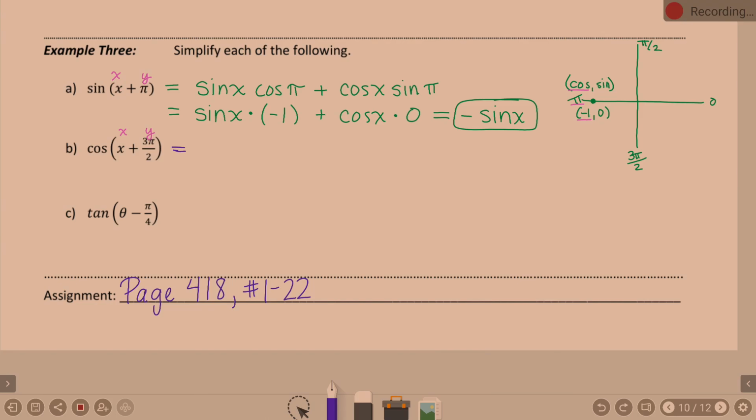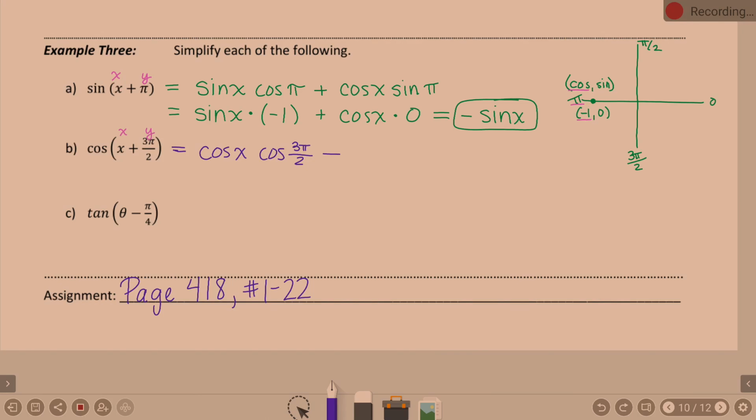We're going to start off with what? Cosine x times cosine of y. So that becomes cosine x times cosine of 3 pi over 2, plus or minus. Okay, it's cosine, so we're going to use the opposite sign, so minus.